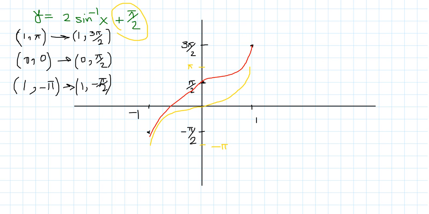On x we don't have any movement, only on y. So this point shifts pi over 2. So pi goes to 3 pi over 2, and 0 goes to pi over 2, and minus pi goes to minus pi over 2.